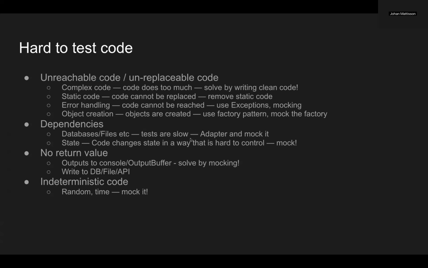Certain things you might be able to solve by mocking. Random and date and stuff like that you can do, because then you can basically say, okay, if you call this random function or method, you will get this value in return. So if you want today's date, we can actually specify what today's date should be, for example.